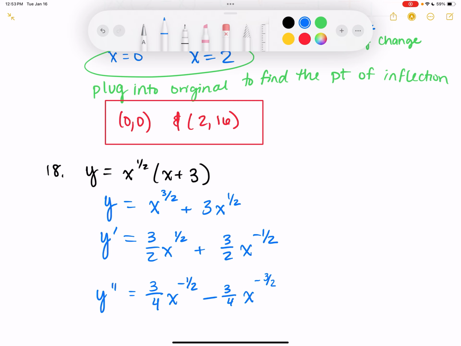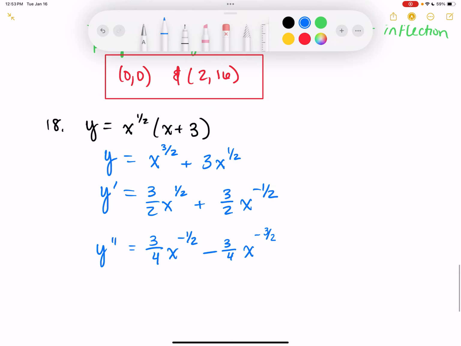It's been up there for a while, so I was just going to let him have that one.